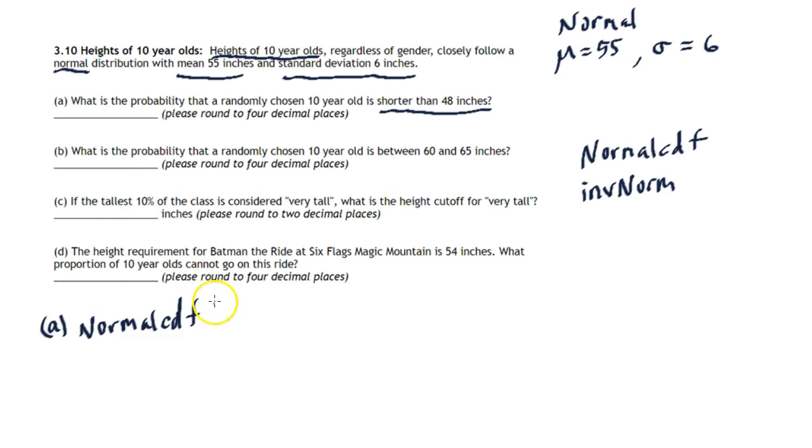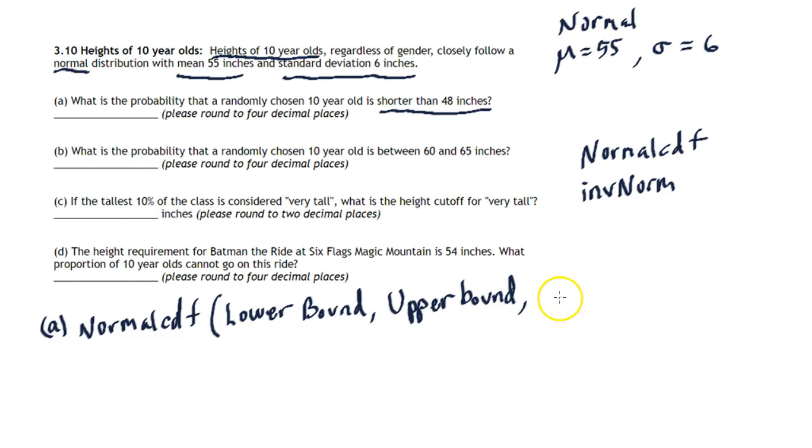Keep in mind that the general formatting for normal CDF is the lower value in your interval, or lower bound, then a comma, and then you'll enter in the upper bound, and then you'll enter in your mean and then your standard deviation.